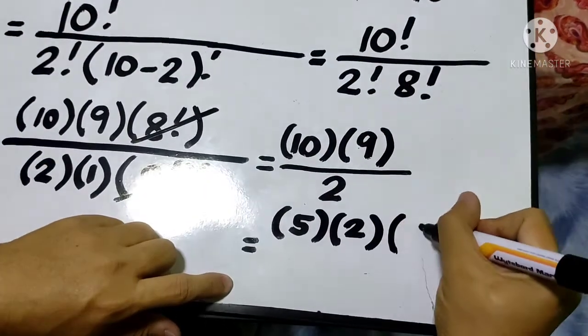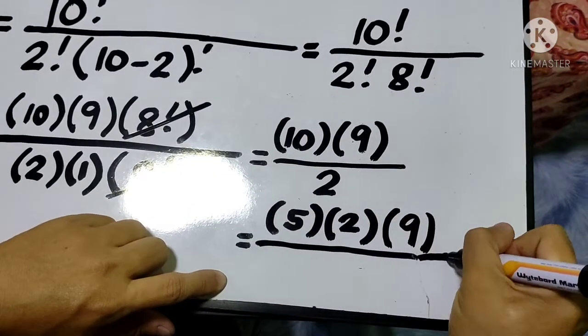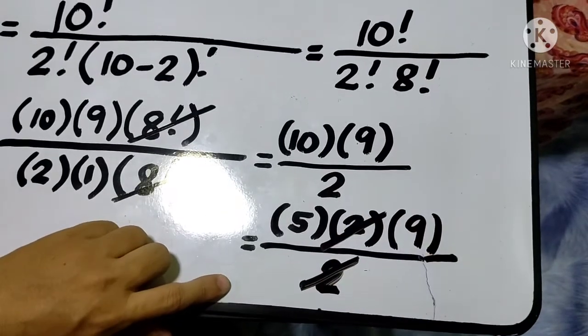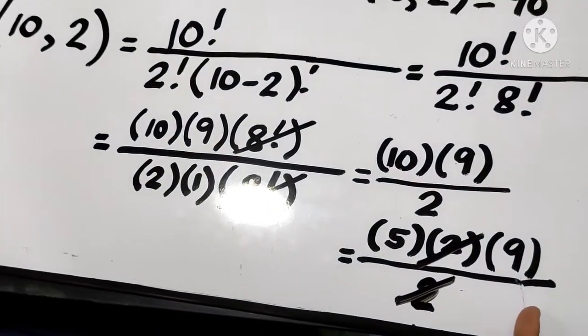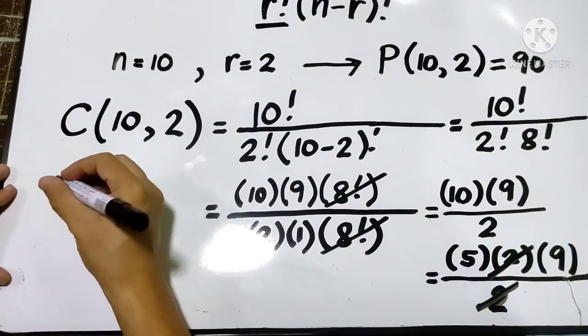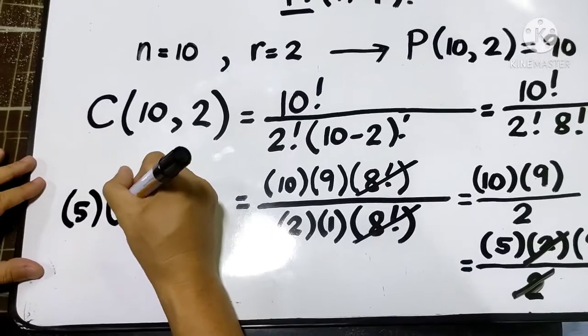So, you copy 9 over 2. Cancel, cancel. So, what is left is 5 times 9.